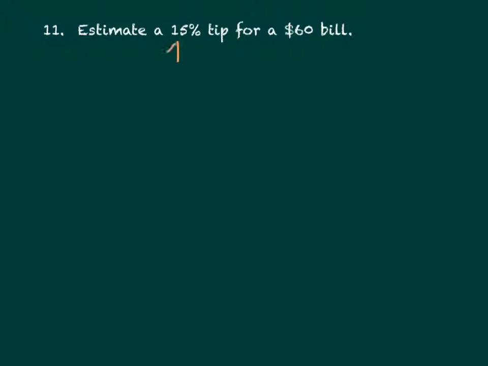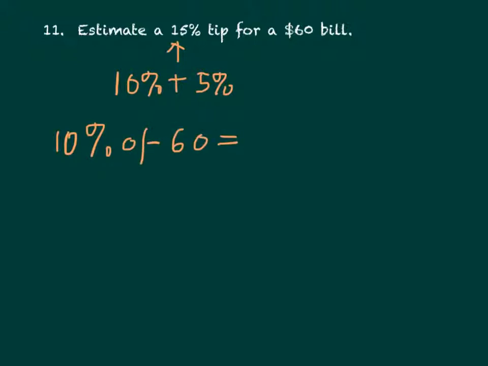Okay, so 15% is 10% plus 5%. So now we just have to figure out 10% of 60 and then 5% of 60 and then add them up. So 10% of 60 is $6 because 60 divided by 10 gives you 6.